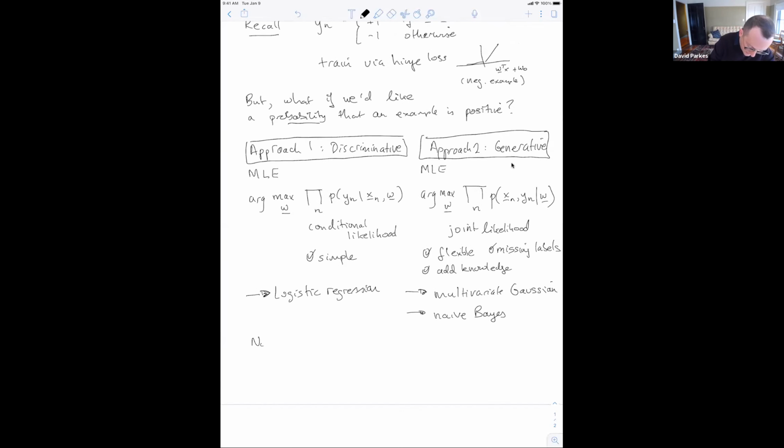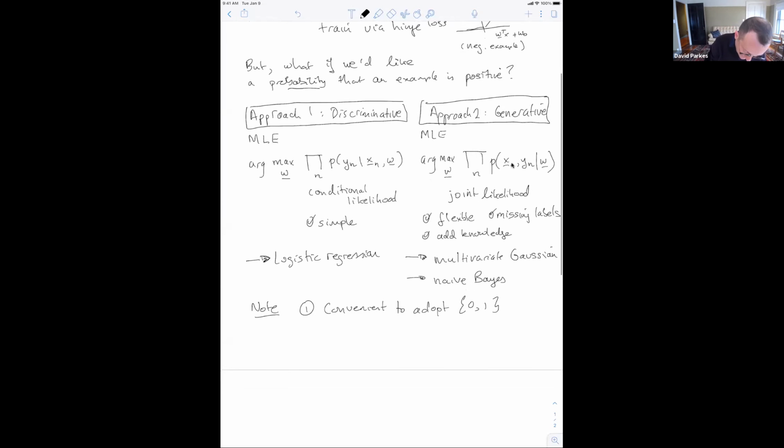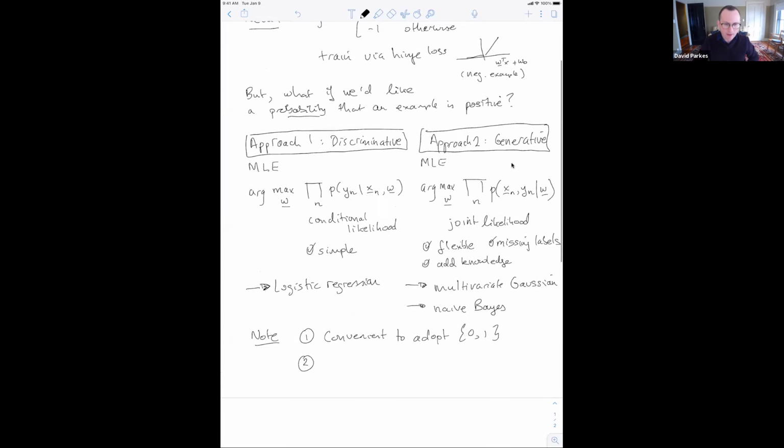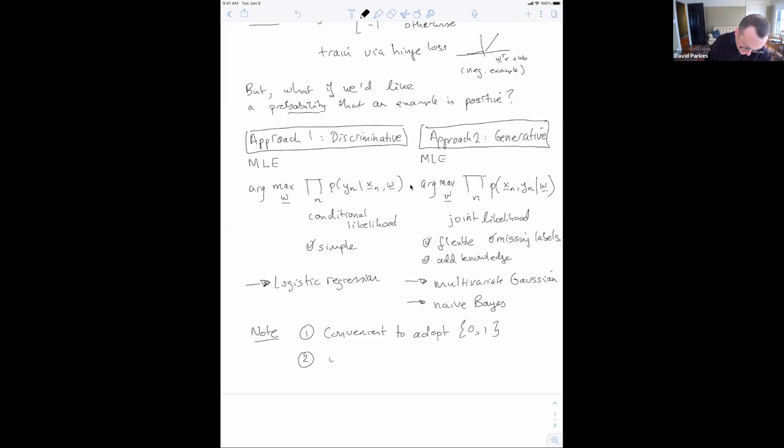Now, I just want to make a couple of notes. One, it will be convenient today to adopt 0, 1 for our binary classes rather than -1, +1. You'll see why. And if you want to think about how we would use these types of probabilistic models to classify a new example, I want you to think about it like this.